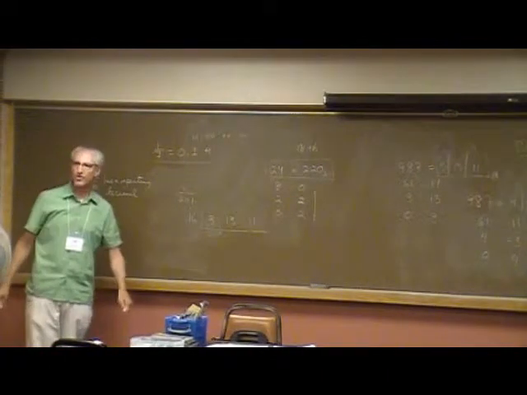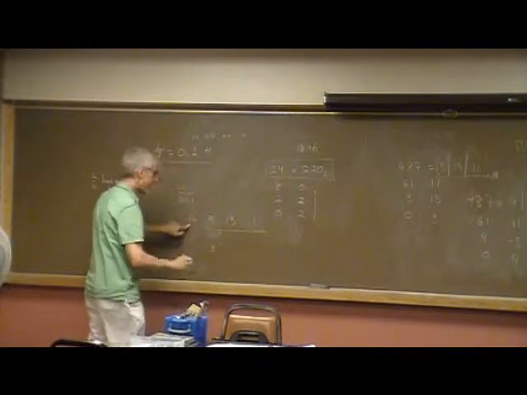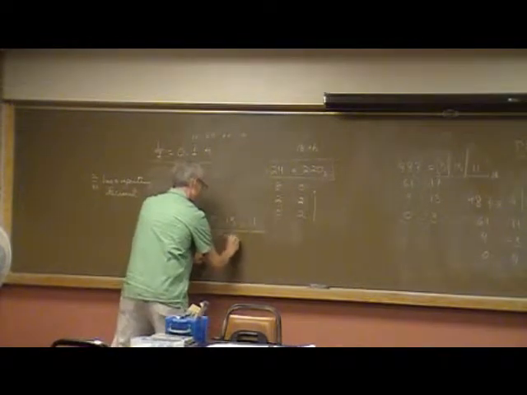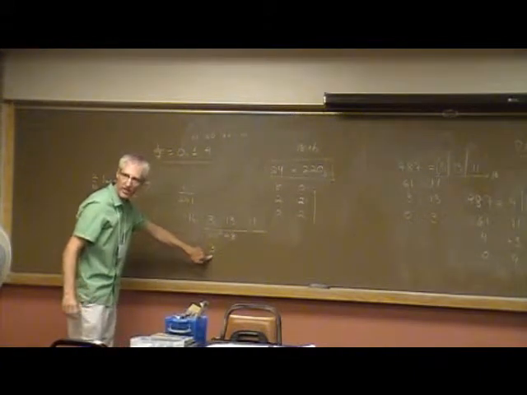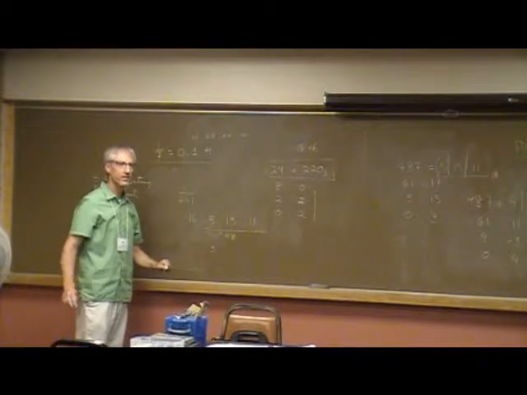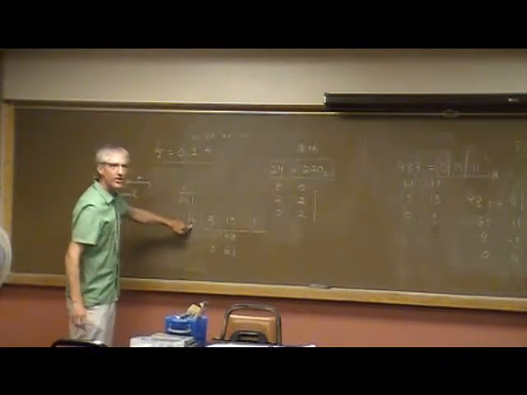And now here's Horner's method. Drop the 3 down here and multiply 16 by 3. And I get 48. I'm going to need somebody with a calculator. Add 13 to 48. 61? Multiply 16 by 61.